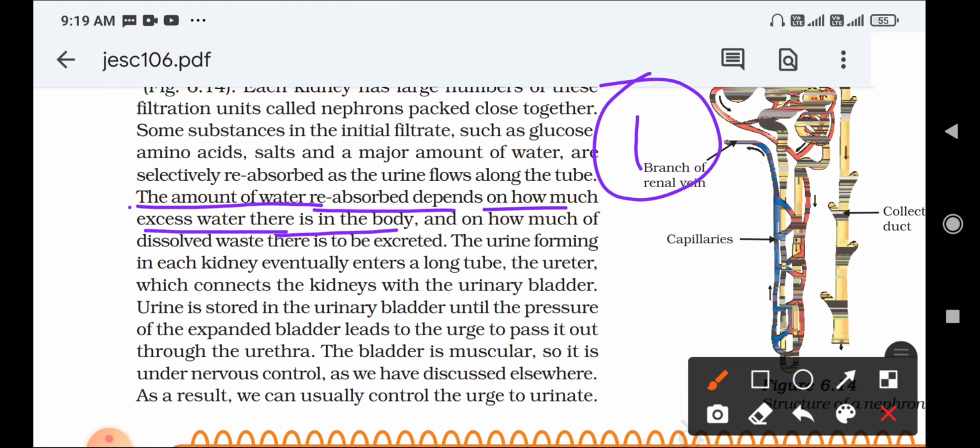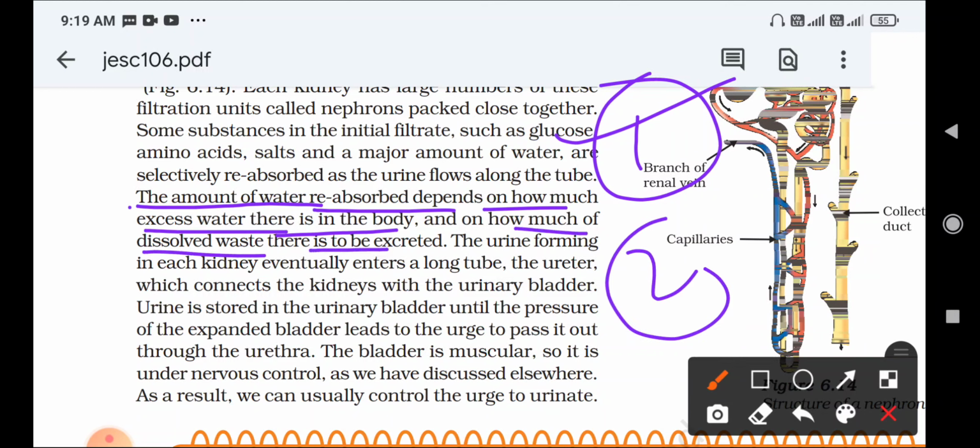That is the first point. Second, how much dissolved waste there is to be excreted. Depending on these two factors, water is reabsorbed from the urine.